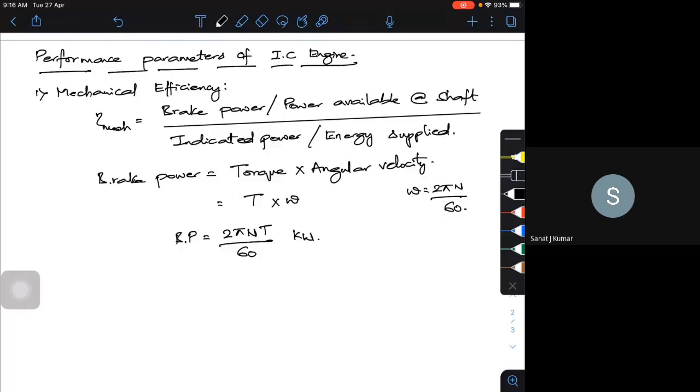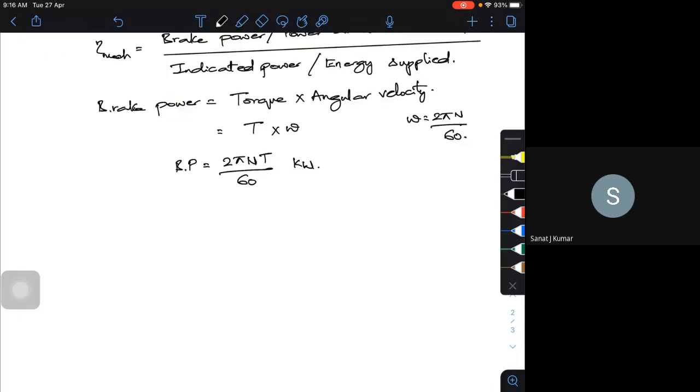Now, T is the torque, which has the unit Newton meter. This torque is found using different kinds of measuring instruments.